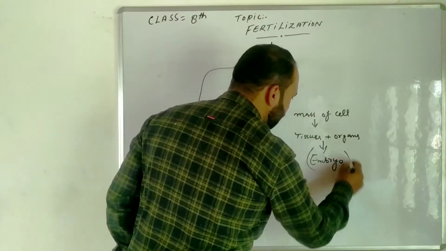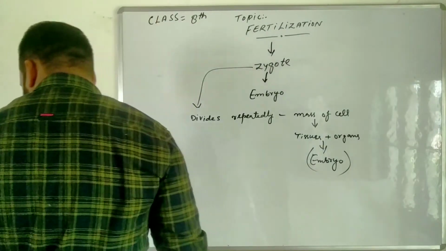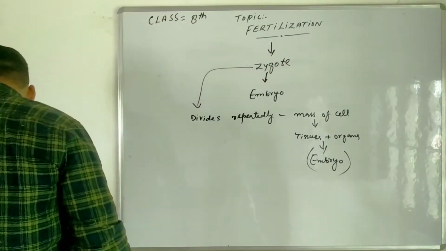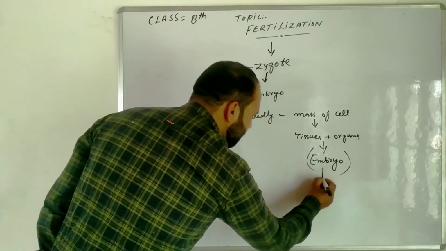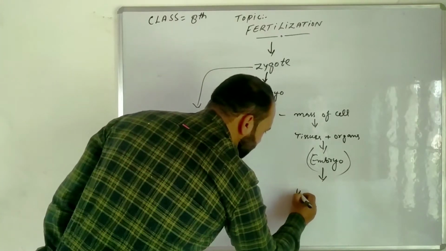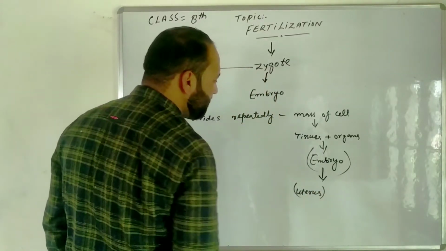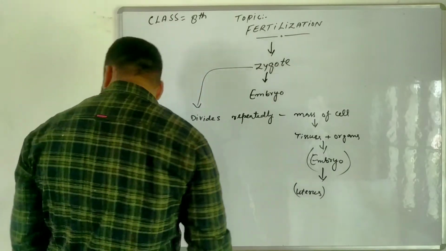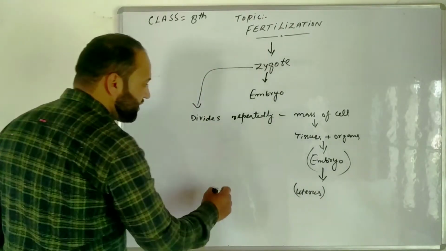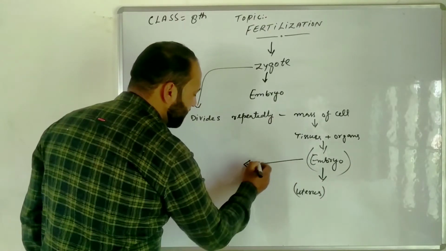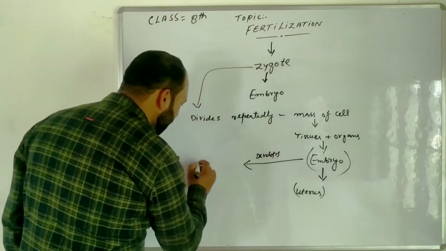After fertilization, the zygote develops into an embryo. This embryo gets embedded into the wall of the uterus, and further divisions occur in the uterus. Then the embryo develops into a fetus.